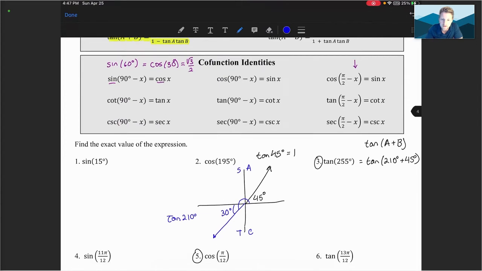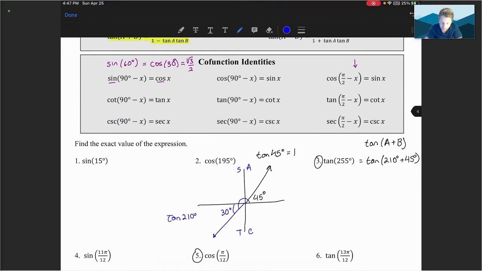So this will behave the same as the tangent of 30 degrees. And so the tangent of 30 degrees or the tangent of 210, both are going to be the same, and this will happen to be the square root of 3 over 3. You can find that in our unit circle, tangent of either 210 or that's the same as tangent of 30 degrees, that reference angle.